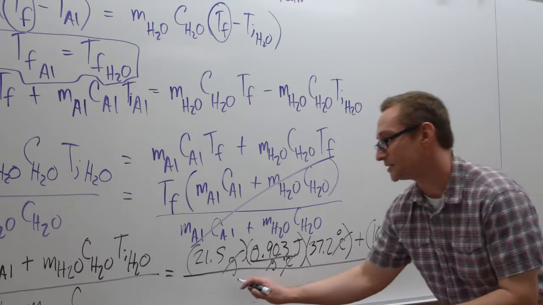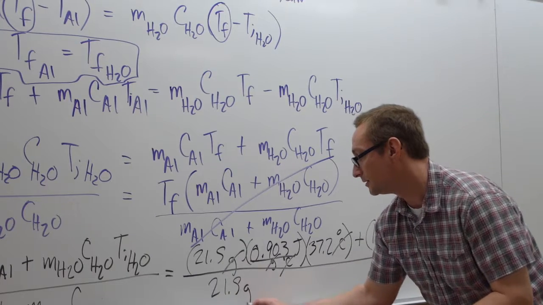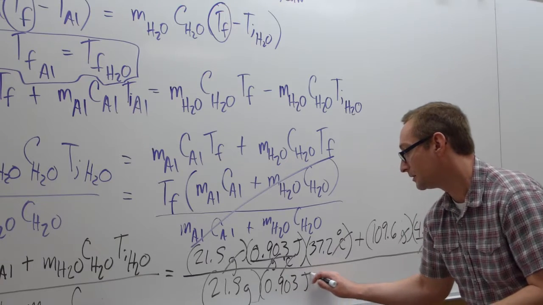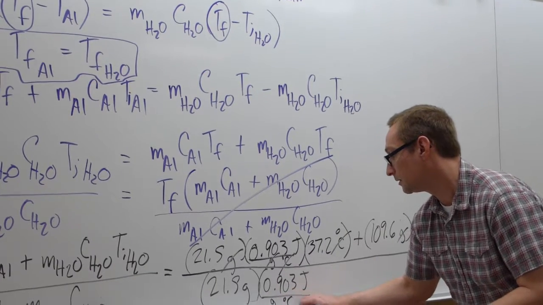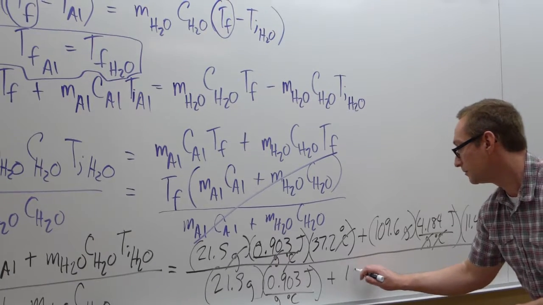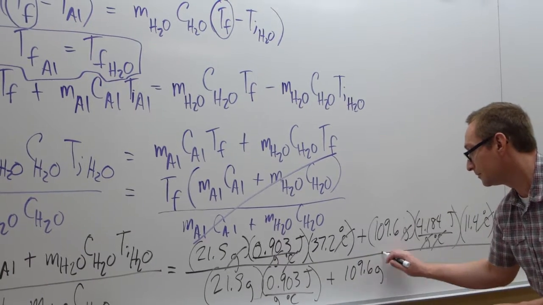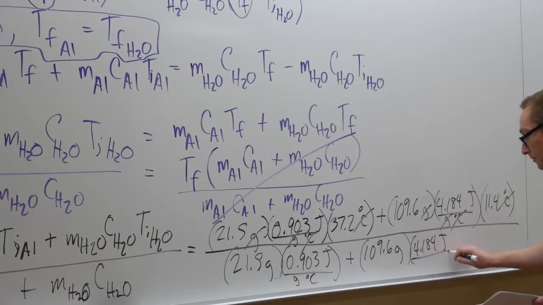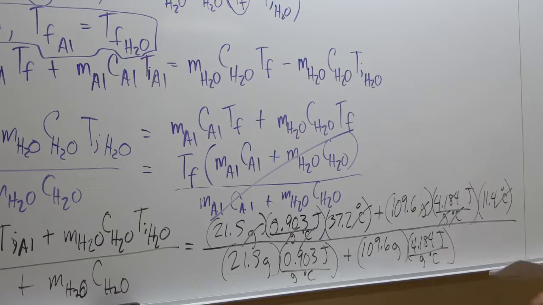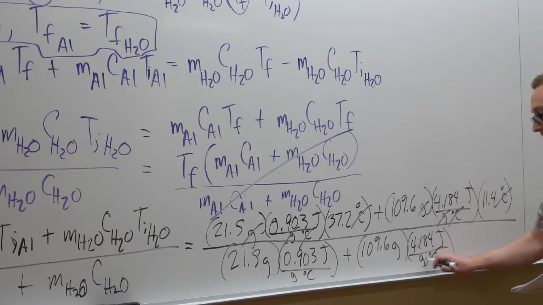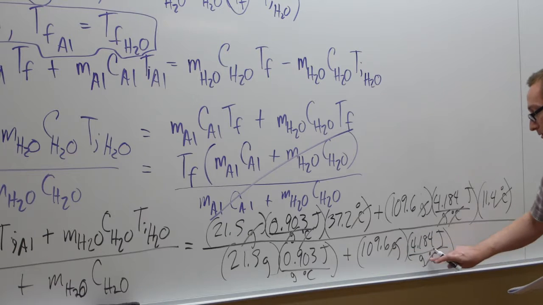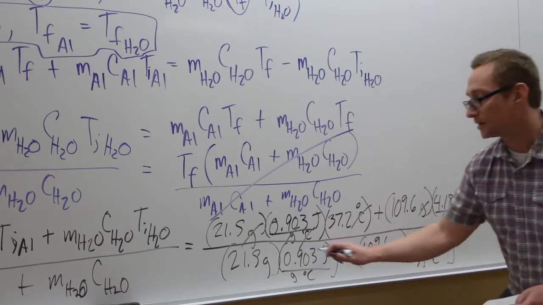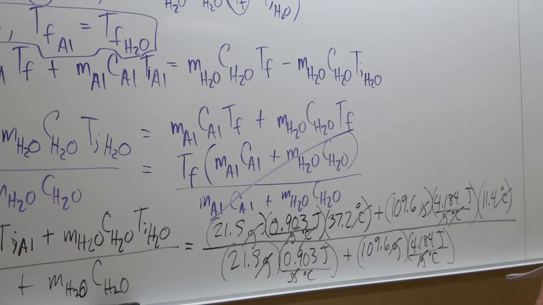On the bottom, you got still 21.5 grams. So on the bottom, the grams cancel, but the degrees Celsius don't cancel.